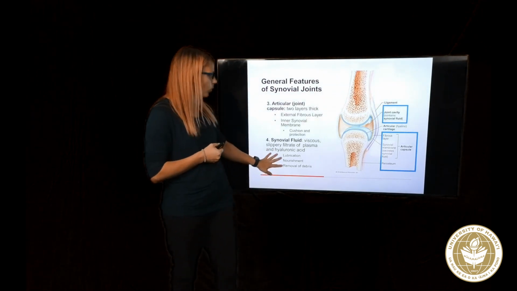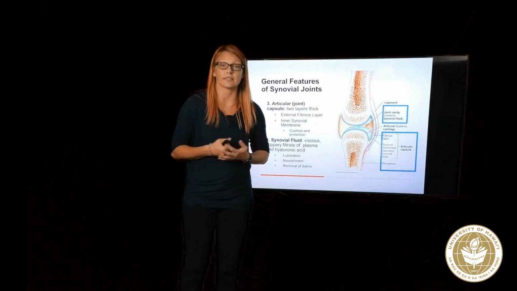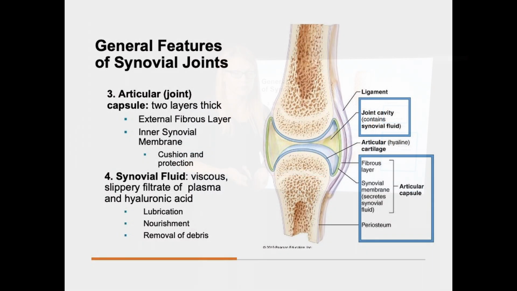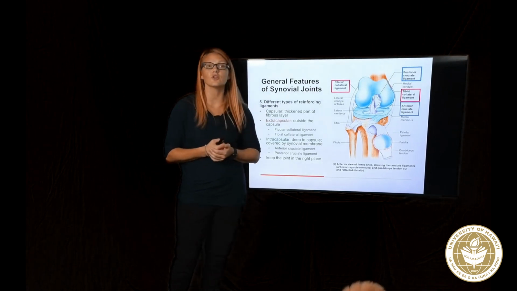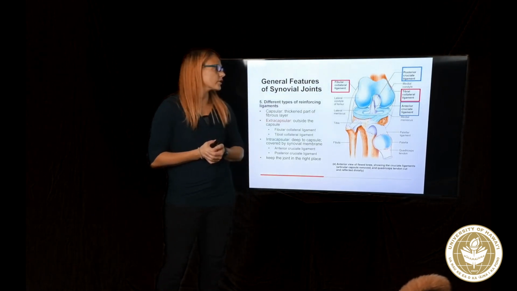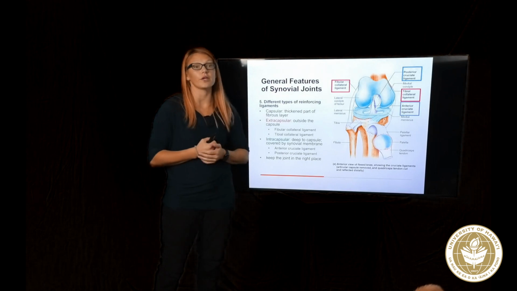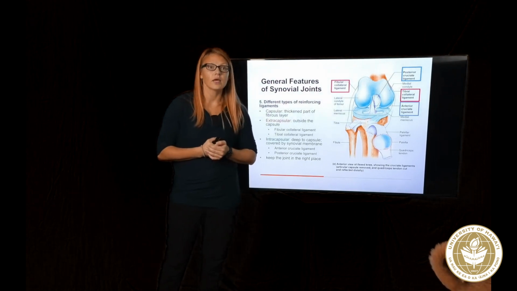It's going to be really important to act as a lubricant. So the fifth feature here that we find in all of our synovial joints is that they're going to have different types of reinforcing ligaments.